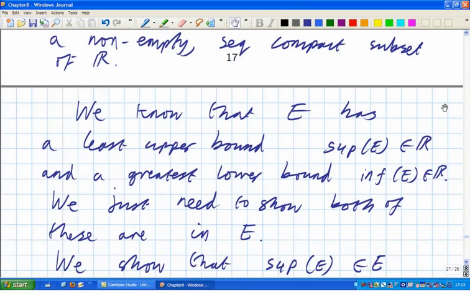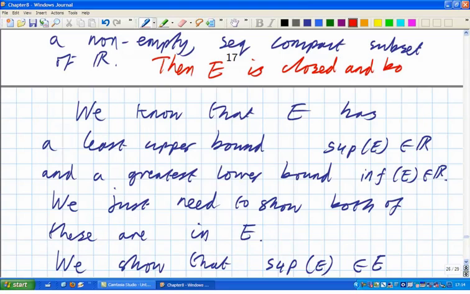Now, actually, I didn't write down the fact that E was closed and bounded, so let me just go back and add that in. I said it, but I forgot to write it down. It's closed and bounded by the Heine-Borel theorem. Of course, that's what we're using here.